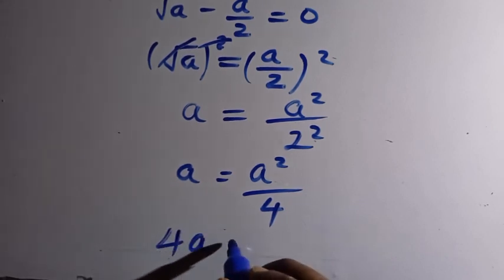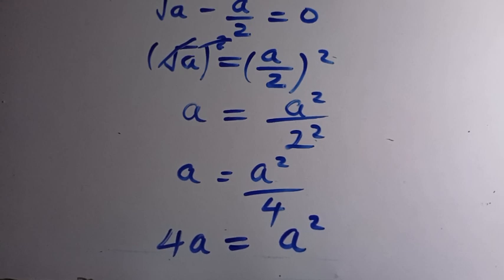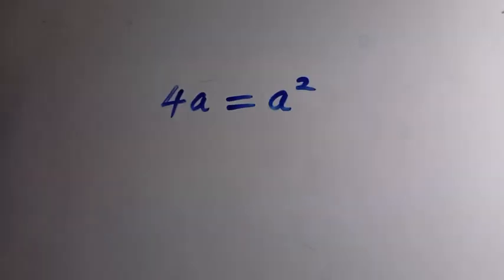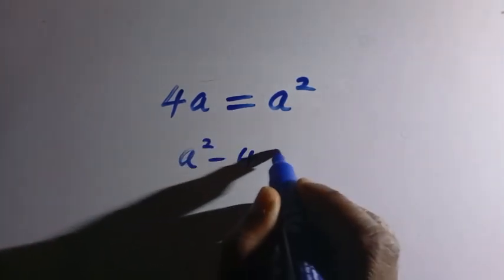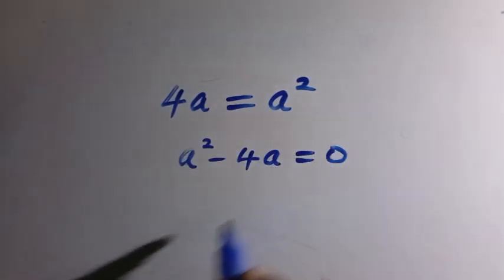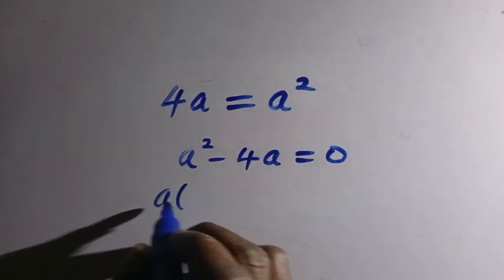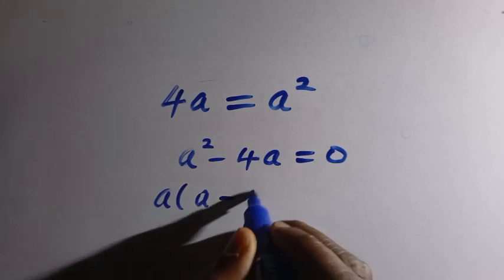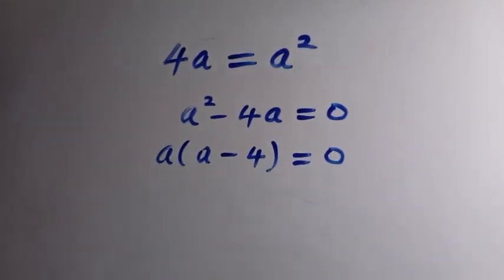So we have 4a equals a raised to power of 2. So with what we have here, 4a equals a raised to power 2, let's collect 4a to this side. Then we have a squared minus 4a equals 0. Then we factor out a from here. So by factoring out a, we have a times a minus 4, and this equals 0.